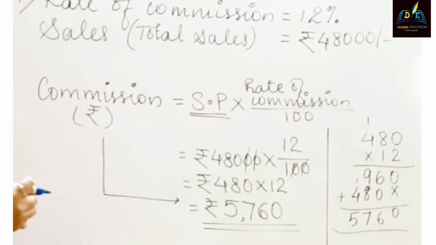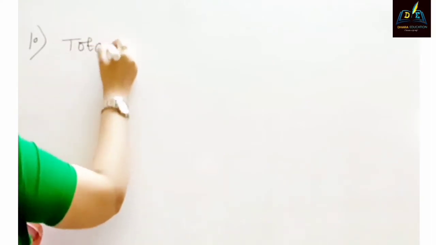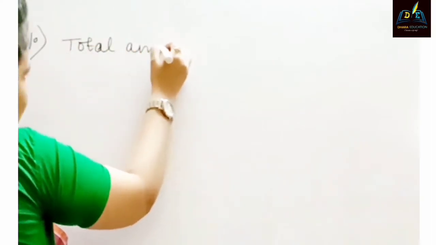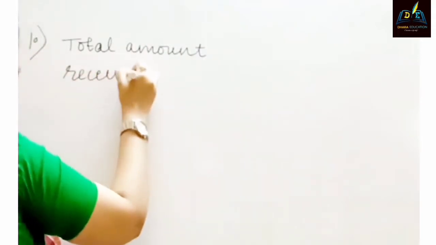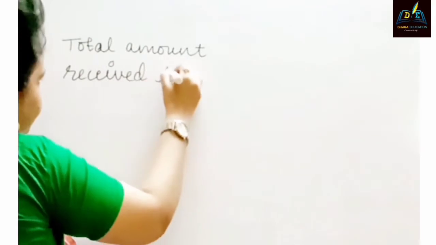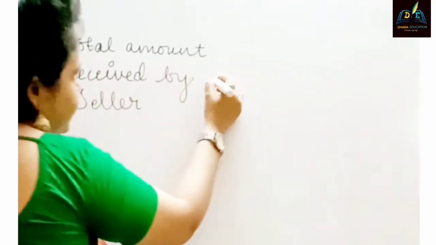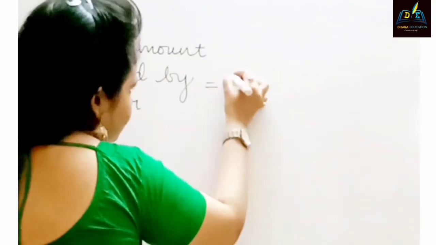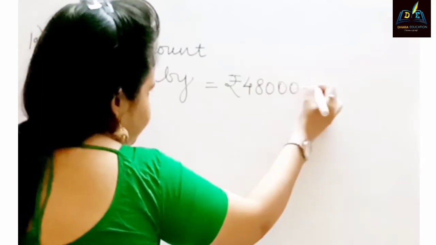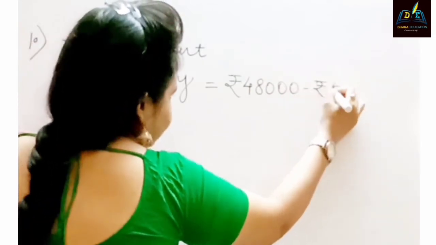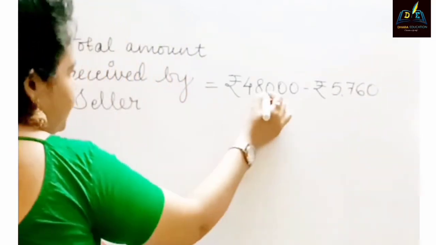So let's start. Students, total amount received by seller is equal to rupees 48,000 minus rupees 5,760.